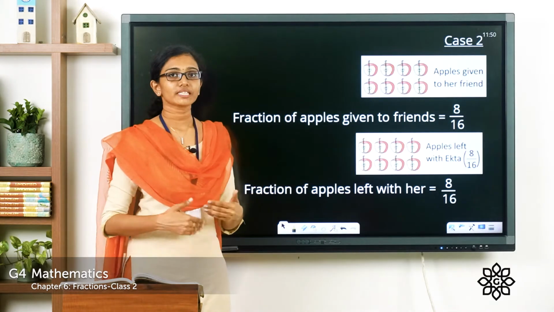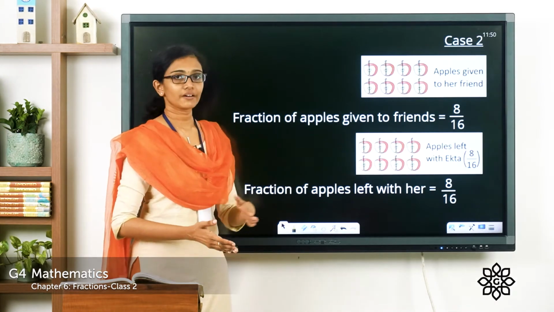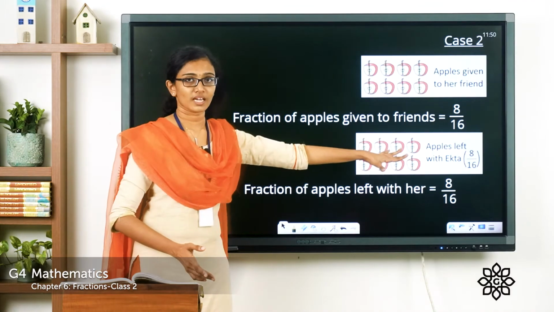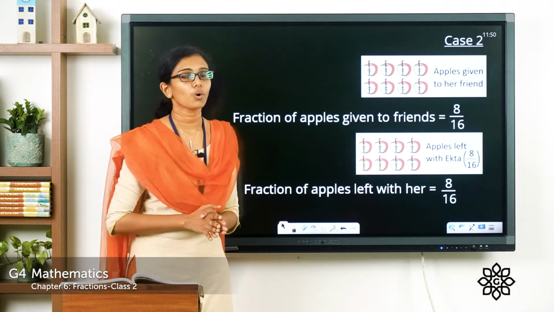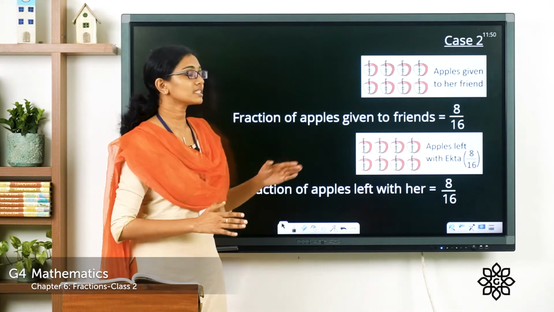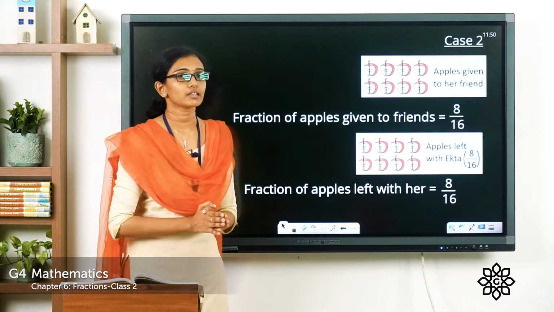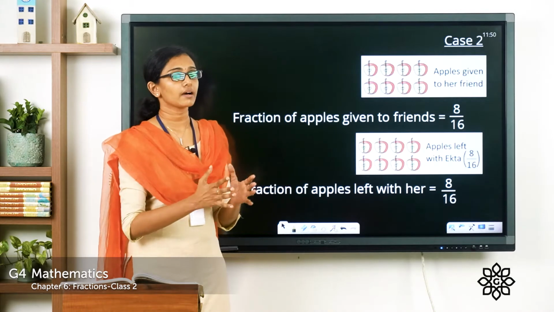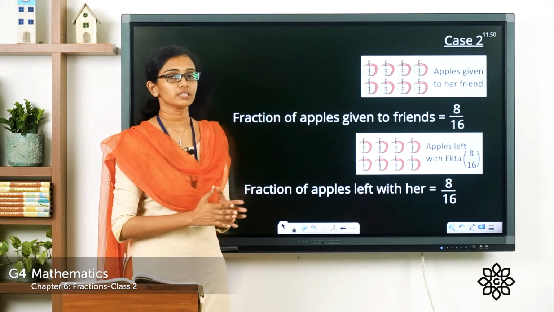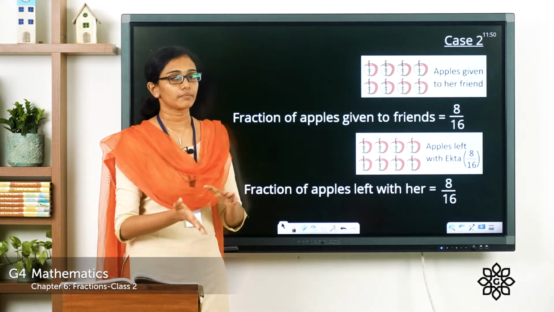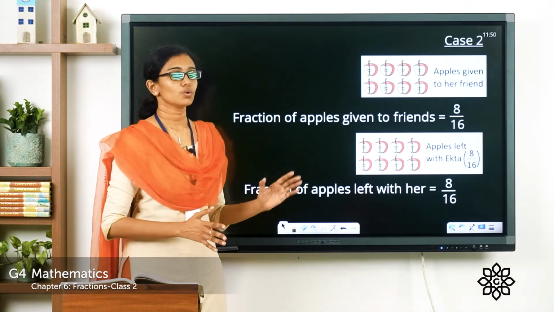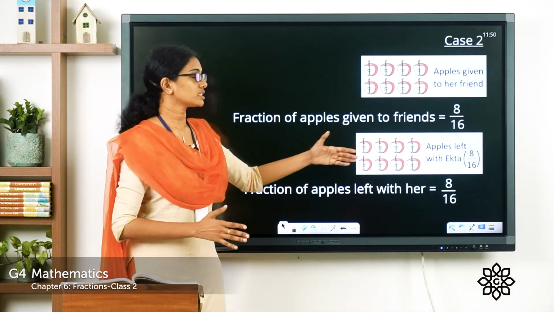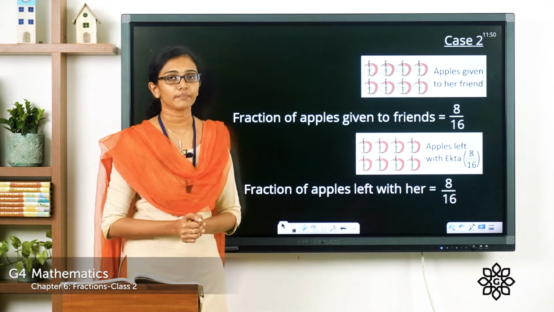Here also, what is left with her? From the pieces left with her, if you put back the pieces together, you will get 4 whole apples, right? So this was the same case when she shared the whole apples the first time. When she gave 4 whole apples to her friends, she was left with 4 whole apples. In this case also, effectively, she is left with the same 4 apples, right?